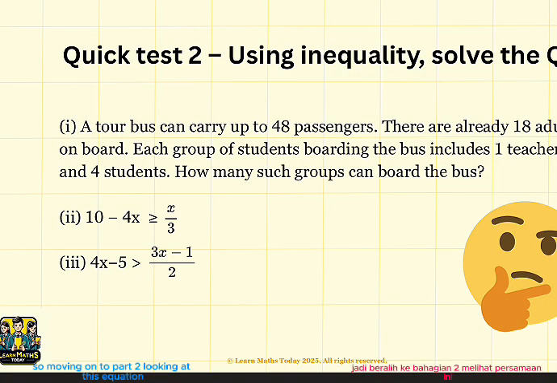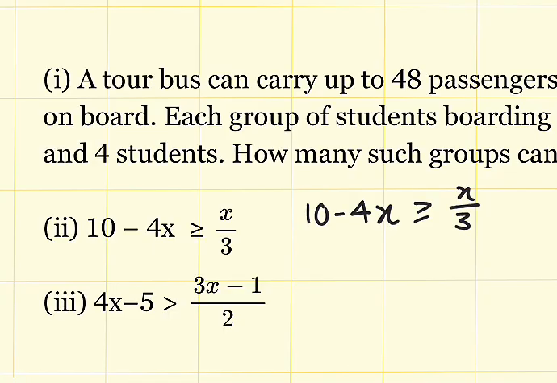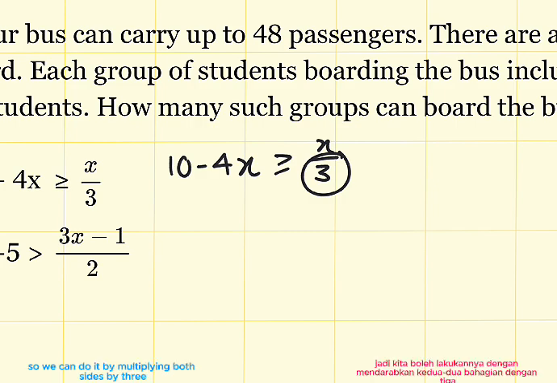So moving on to part 2, looking at this equation, don't worry, we'll do it step by step. Okay, so first rule is to isolate the x. Since we have a fraction over here, we have to remove the 3 first. So we can do it by multiplying both sides by 3.